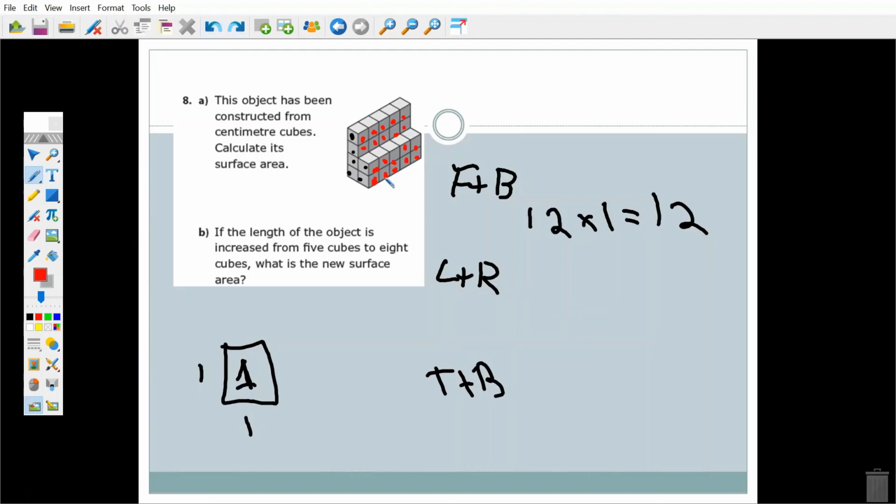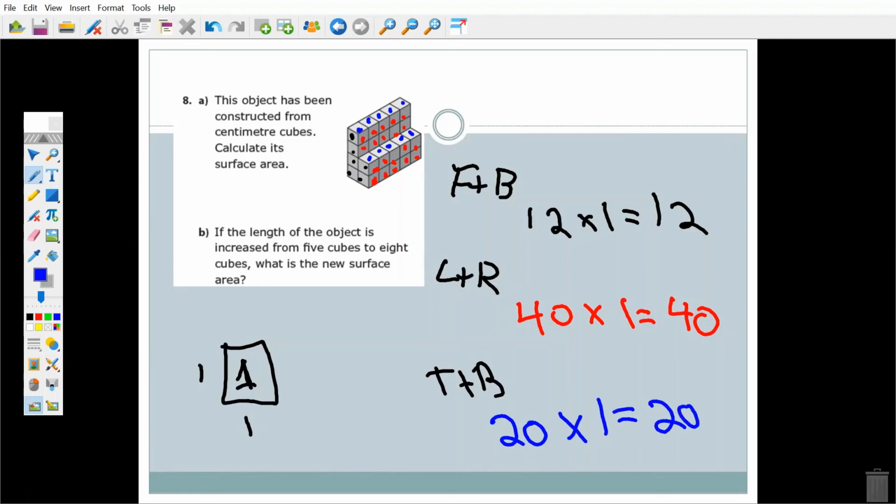And then there's 20 on the right side as well, so that's 40 times 1 equals 40. And the top and bottom, there's 1, 2, 3, 4, 5, 6, 7, 8, 9, 10. And then there's 10 on the bottom, so that is 20 times 1 equals 20. We add those all up, and we get a surface area of 72 centimeters squared.